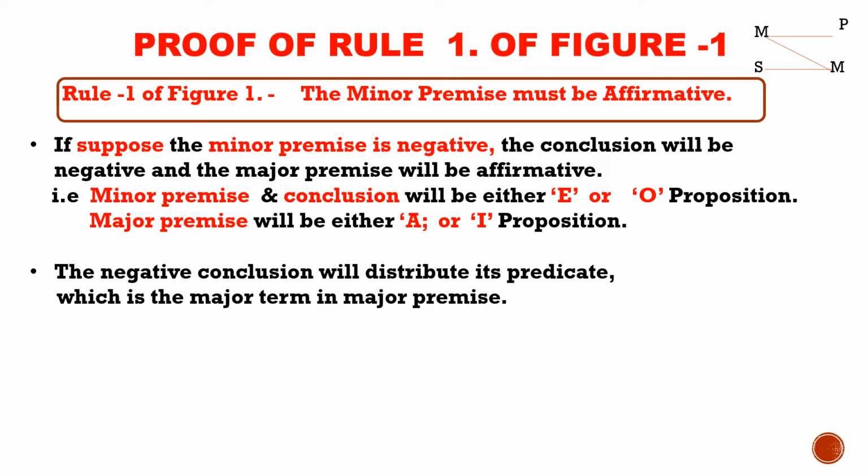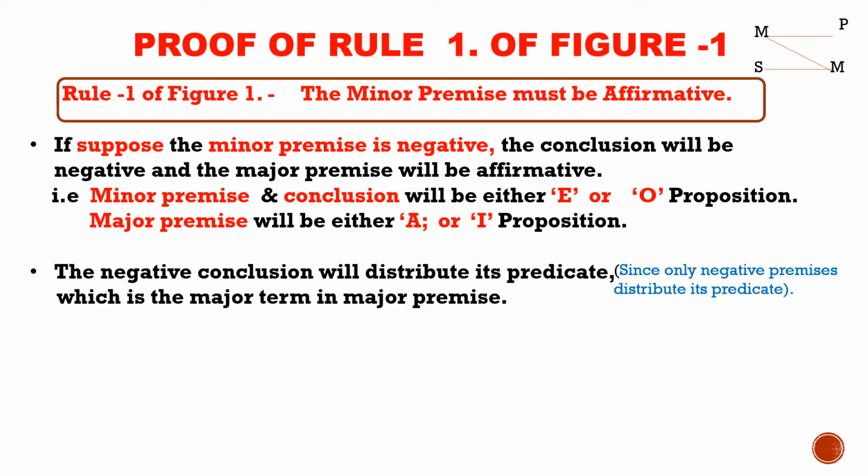Because we know that only negative propositions distribute their predicates. Now it will distribute the predicate, which is the major term in the major premise. See in figure 1, where does the major term lie? In the major premise, and it is the predicate of that proposition.